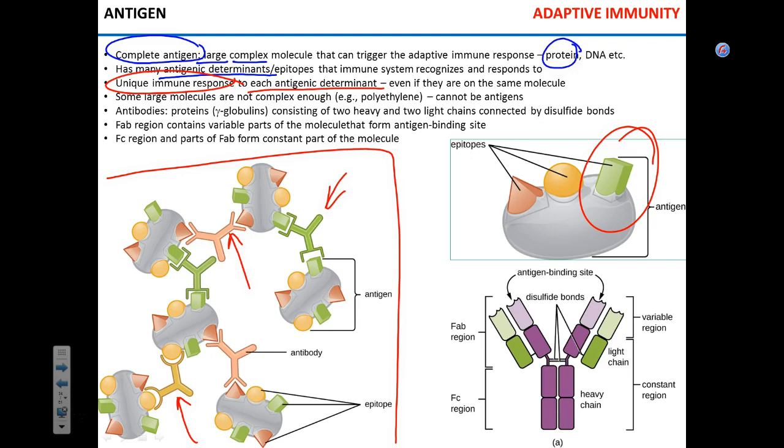Now, I told you large and complex. How can a large molecule be not complex? Polyethylene. So this bottle that I hold is plastic, right? It's high density polyethylene.